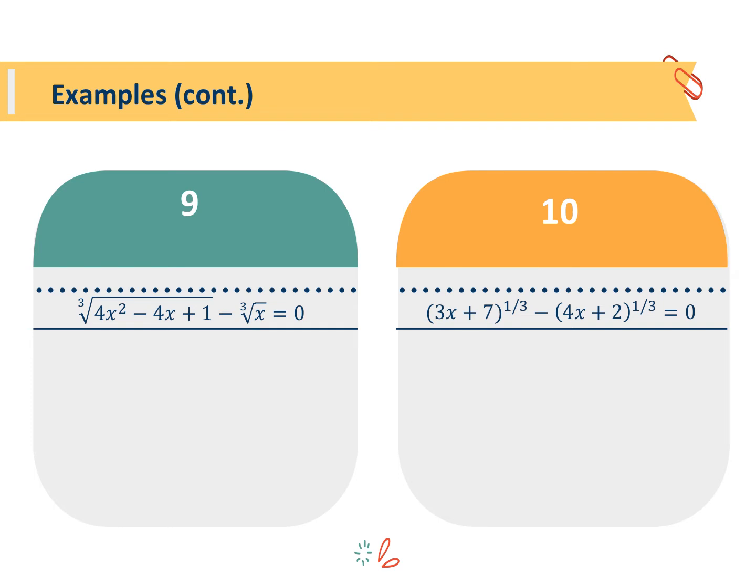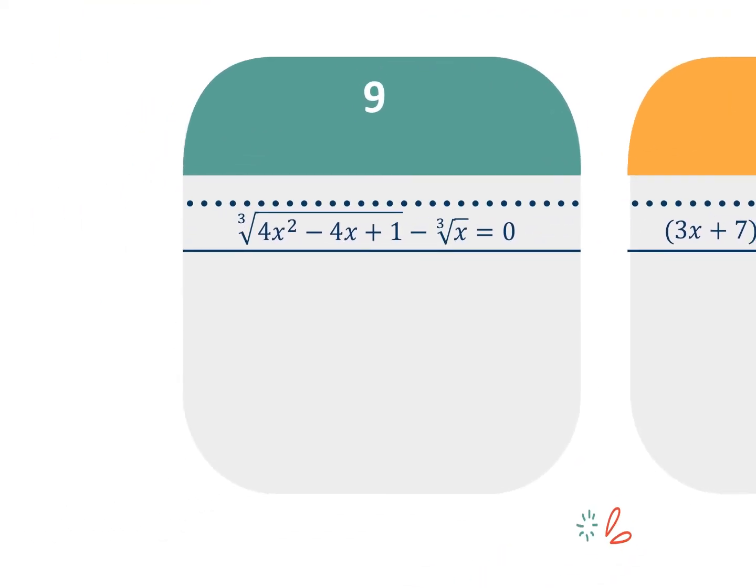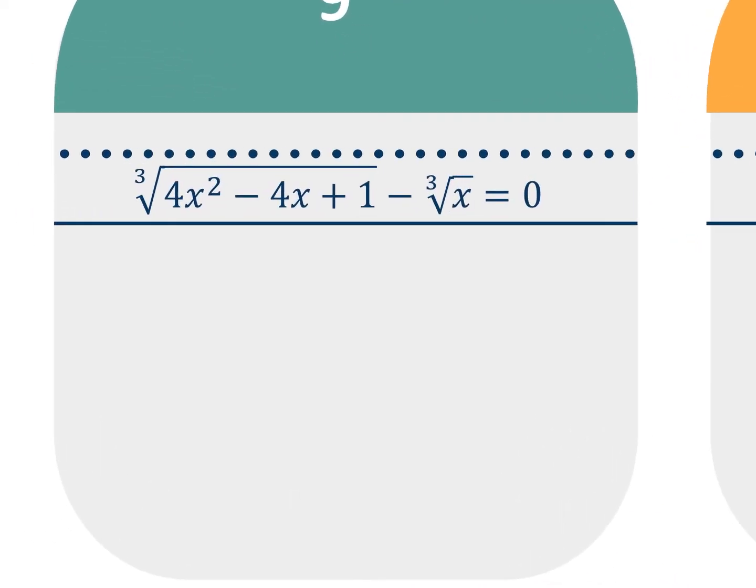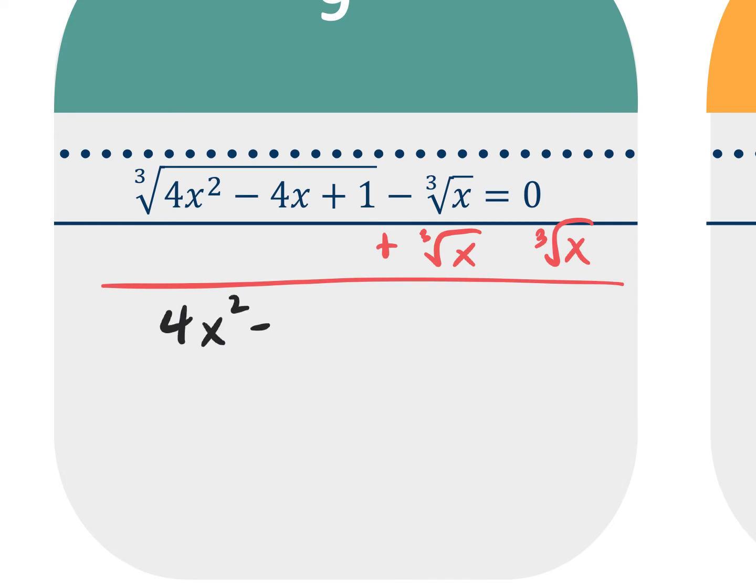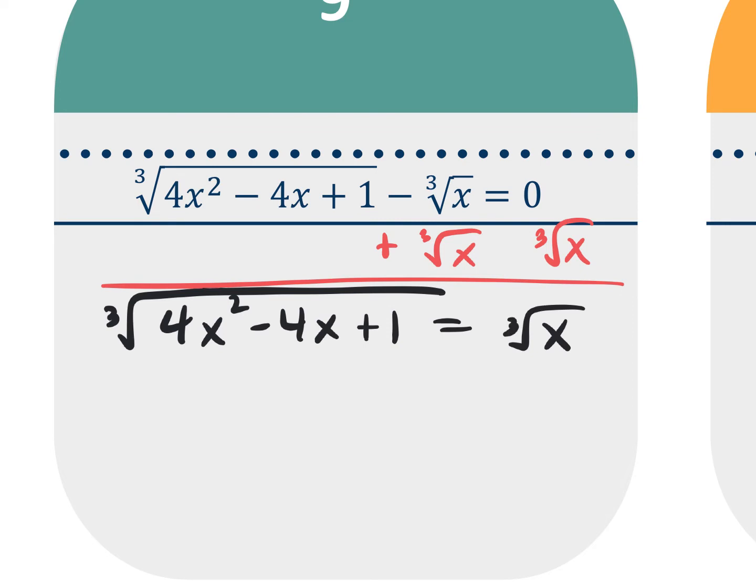So for the first one, notice it is a cube root. First step, isolate. So we got to isolate the radical. So we're isolating the cube root. So I'm going to add the cube root of x to both sides. And now I'm left with 4x squared minus 4x plus 1, still under the cube root, equals the cube root of x.